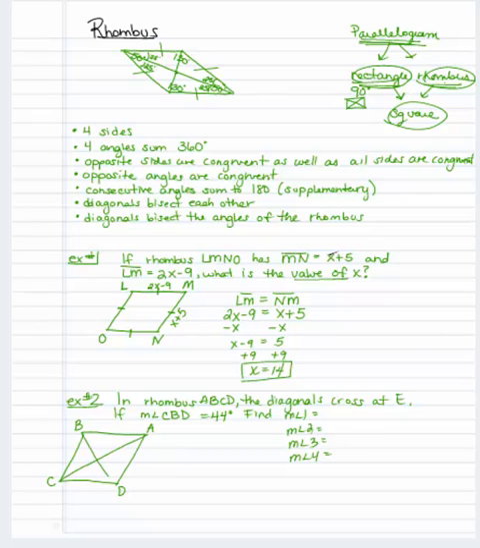So I've got to draw in the diagonals. Angle CBD is 44. That angle there is 44.